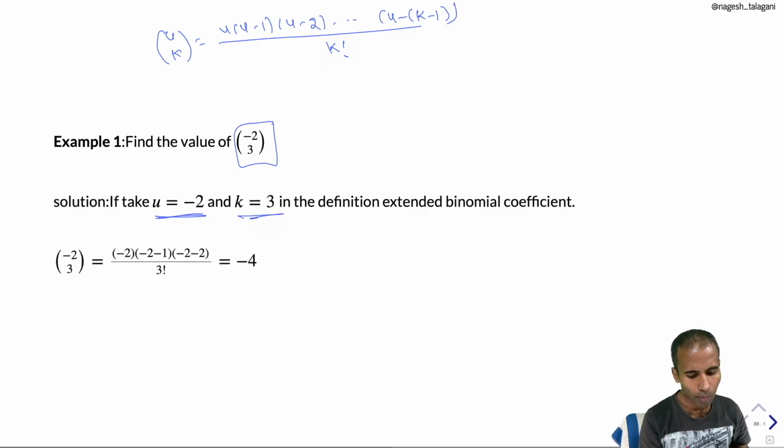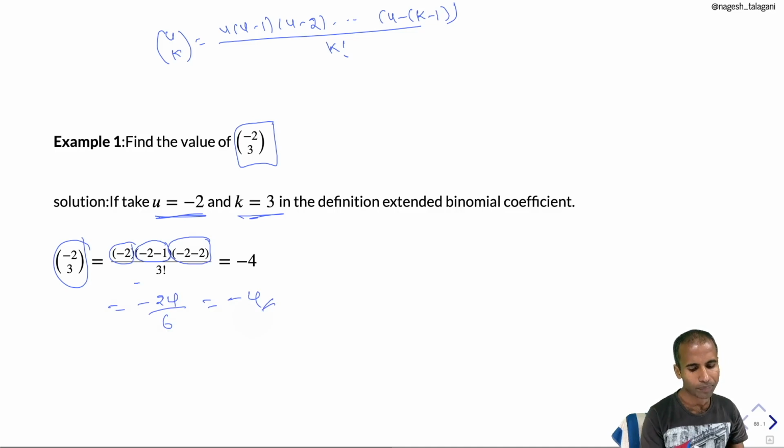So minus 2 choose 3 is going to be minus 2 into minus 2 minus 1 into minus 2 minus 2, by 3 factorial, which is going to be minus 24 by 6, which is minus 4. This is the minus 2 choose 3 value, minus 4.